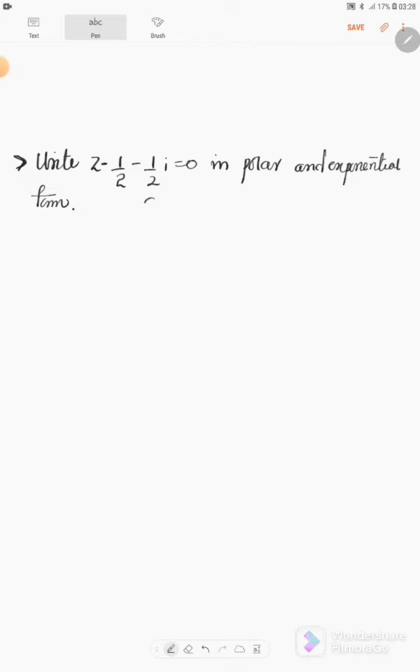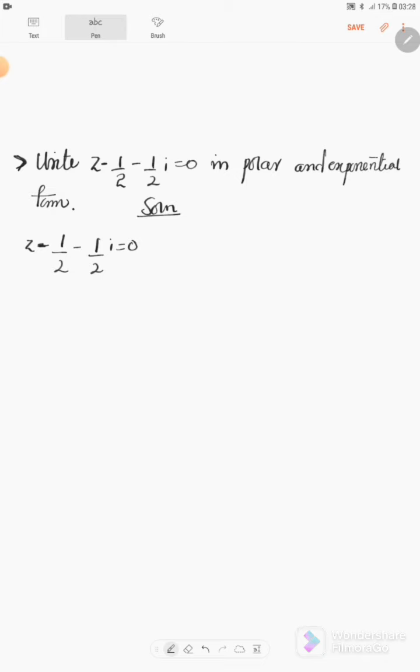Write z minus 1 over 2 minus 1 over 2i equals 0 in polar and exponential form. Okay, solution. This is looking hard, but let me make z the subject of the equation.